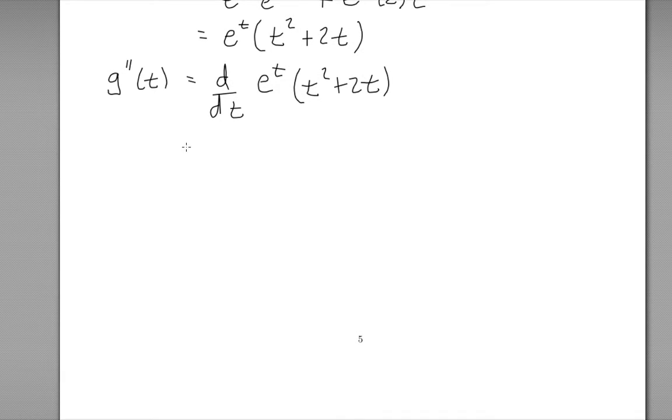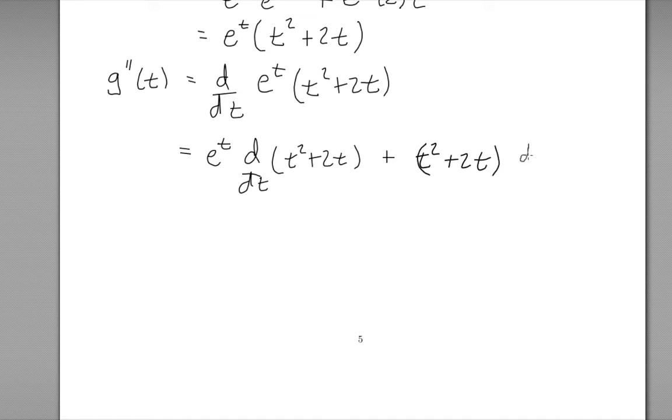So using the product rule, we say let's leave the first function alone, e to the t, and take the derivative of the second function, t squared plus 2t. And then we're going to add what would happen if we left the second function alone, t squared plus 2t, and multiplied by the derivative of the first function, e to the t.